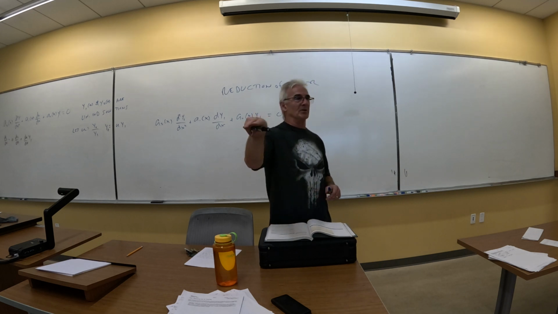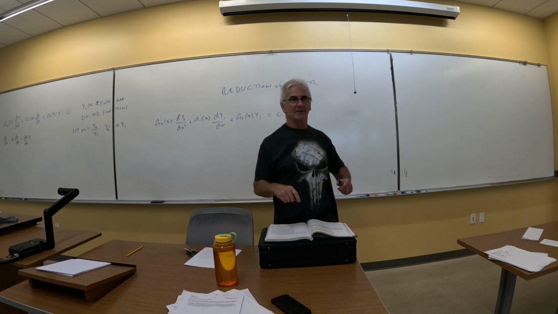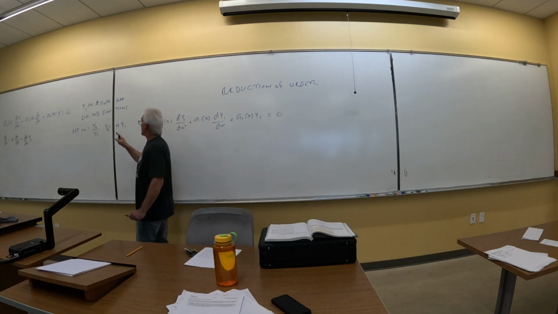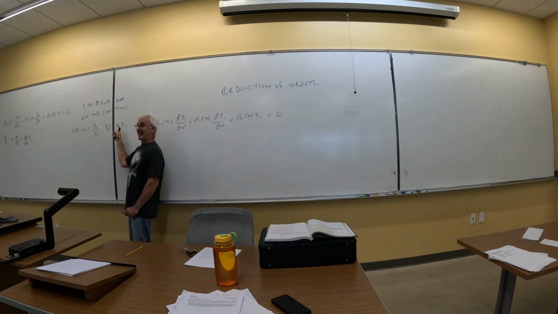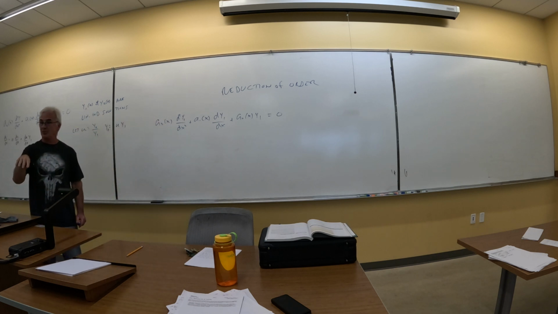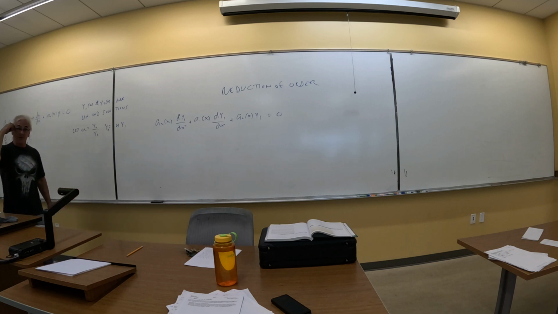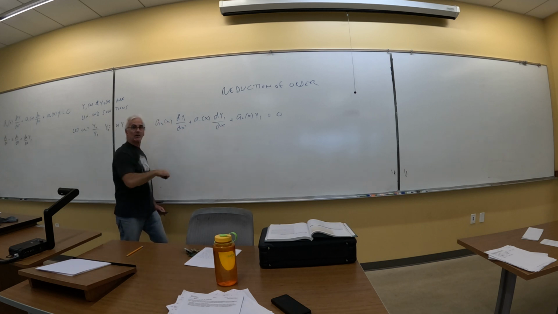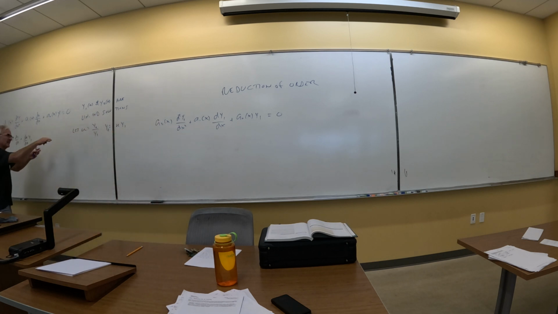If I find u, and I already know y1, that's how I get y2. We don't find y2 directly, we find u directly. Is everybody cool with that? I'm using the fact that I already know y1 is a solution, which means that absolutely this is guaranteed. That's why I needed to do it in this order. I started kind of backwards.